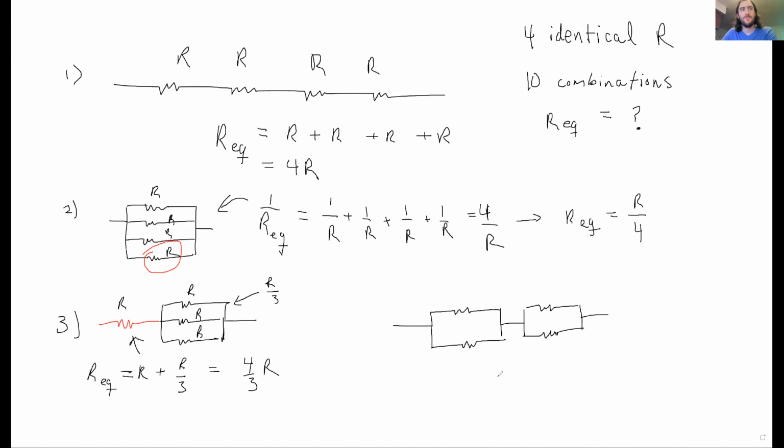That combination of 2 in parallel in series with 2 in parallel is identical to 2 in series, which is in parallel with another 2 in series. So these 2 are identical. They should have the same equivalent resistance.